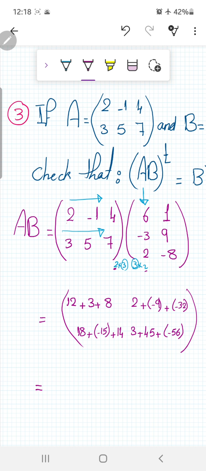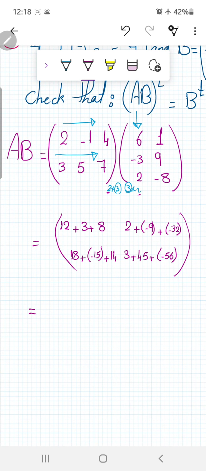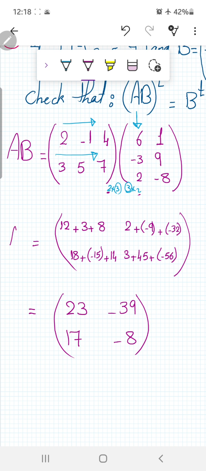Get the results. Here 12 plus 3 plus 8, 23, negative 39, here 17, and finally negative 8. Okay, here is AB.